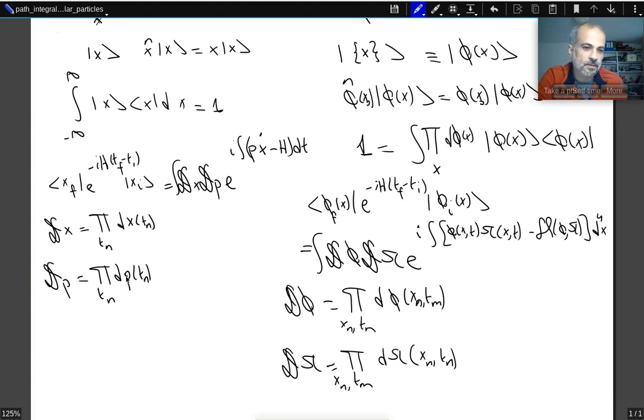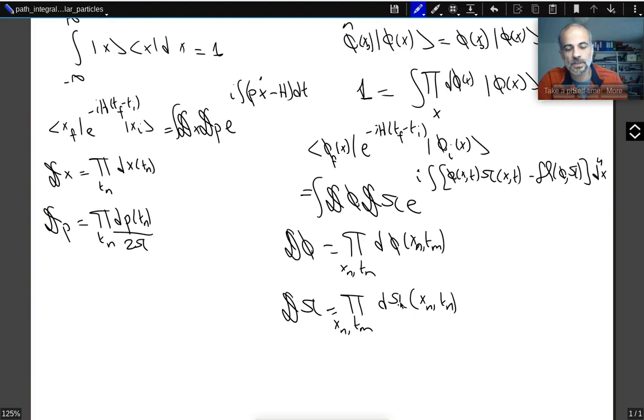And in the quantum mechanical case, we also had this 2 pi, so we can also introduce the 2 pi over here. These normalizations will not be important for us, as we will see in our next video.